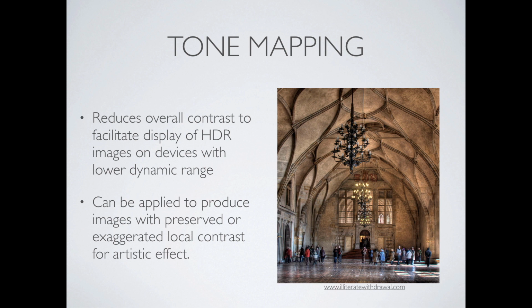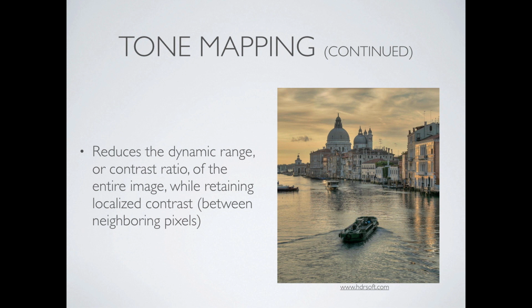We're displaying that HDR image on a non-HDR device, i.e. your computer screen or a printout, etc. It can be applied to produce images with what we would call correct or nice HDR, or we can exaggerate it. So we can push that local contrast too far, and you can get images that start to not look so realistic. And I'll show you examples of both. And there's nothing wrong with exaggerating. It's just something that you do on purpose.